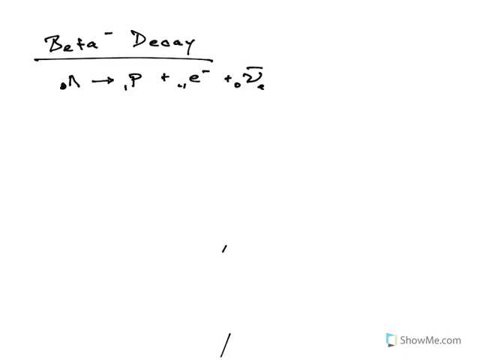And by conservation of energy, conservation of mass, the neutron is a little bit more massive than a proton. Electrons are very tiny, and neutrinos are almost zero mass, so they're basically irrelevant in terms of mass. So yes, a neutron can indeed naturally decay into a proton, an electron, and an antineutrino. This is an interaction that occurs.